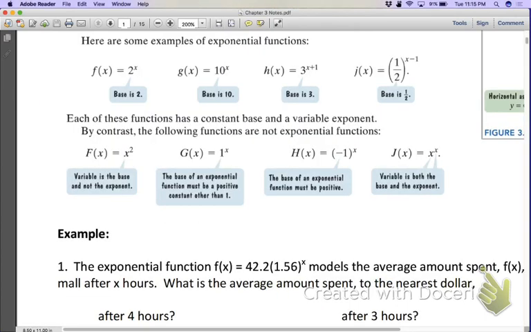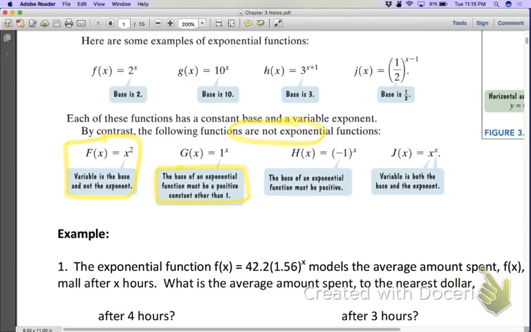Going back to where we showed examples of when it was an exponential function, here's when it is not. The ones down towards the bottom are all not exponential functions. When x is your base, that's not an exponential function. When your base is 1, it has to be something other than 1.